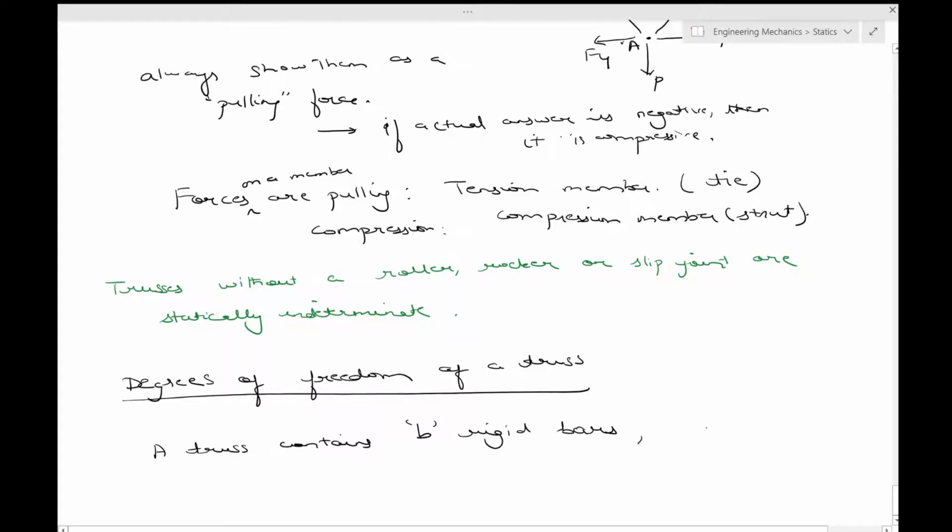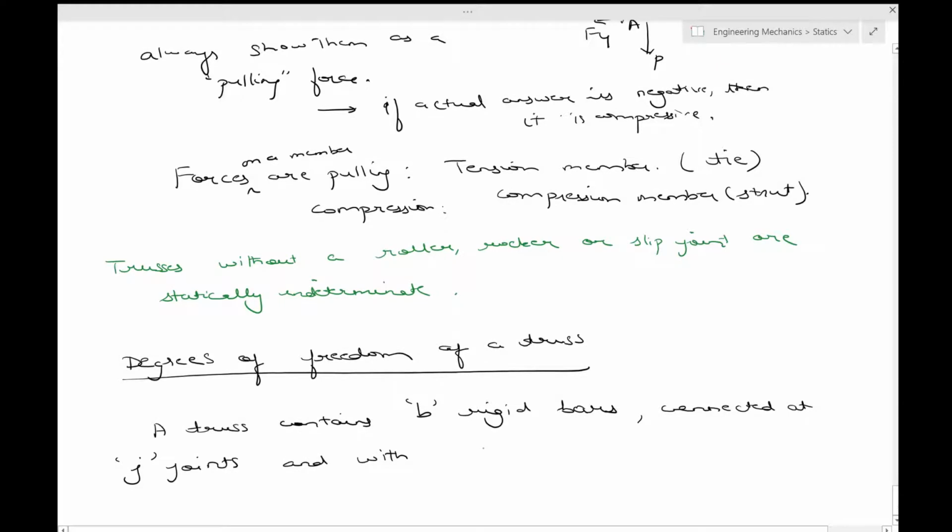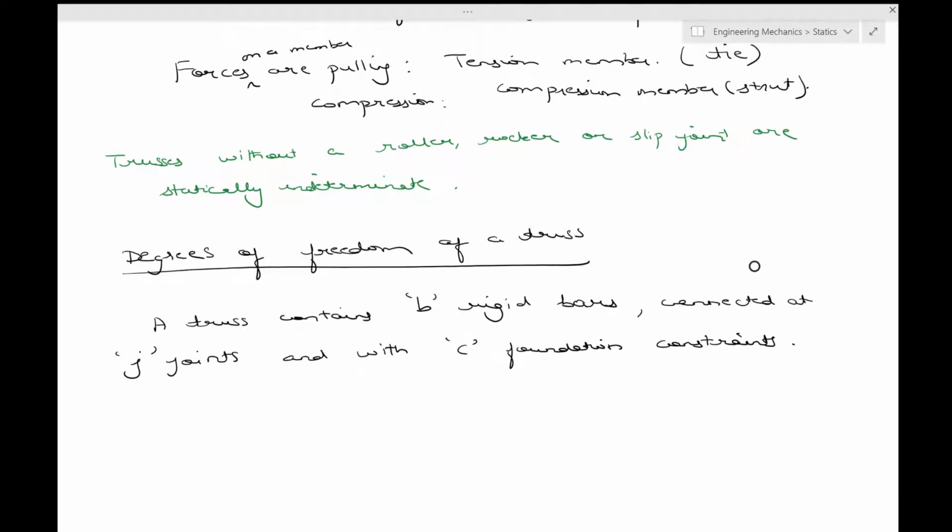It is connected at J joints and with C foundation constraints. So J is the number of joints and C is the foundation constraints.